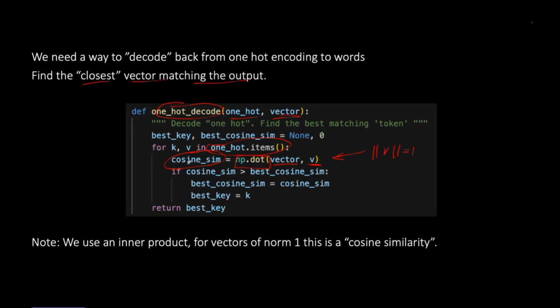So we are matching the vector that is closest to the vector in the one hot encoded vocabulary, and we just return the best match for that vocabulary. So just to recap, this decoding goes over all the vectors in the vocabulary. It finds the closest one, and then it says, okay, this is the key of that vector.